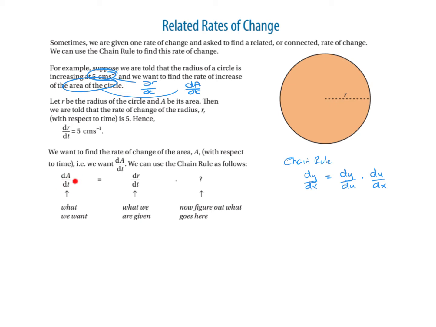So our dy/dx essentially is dA/dt. Just to put it underneath the chain rule here, we've got dA/dt is equal to, and we've been told one of them is dr/dt.